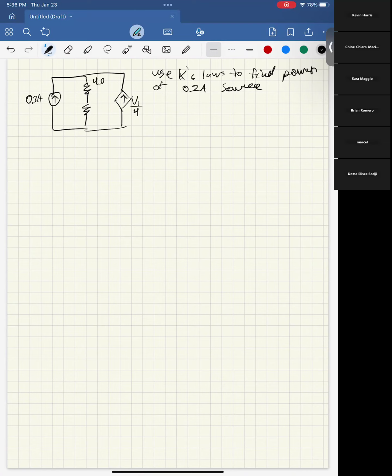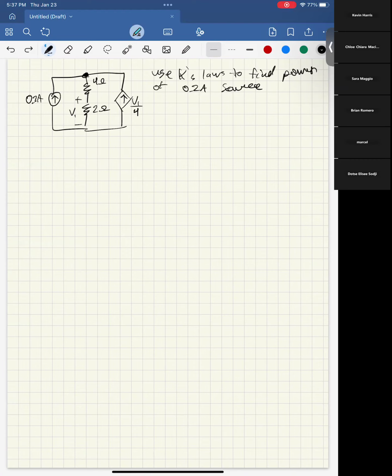We have 4 ohms, we have 2 ohms, and we're labeling the voltage across this resistor as V1. So if we want to use Kirchhoff's laws here, then I look at this and I say there's a pretty straightforward junction here and here. I'm going to pick one of them and do a Kirchhoff's current law.